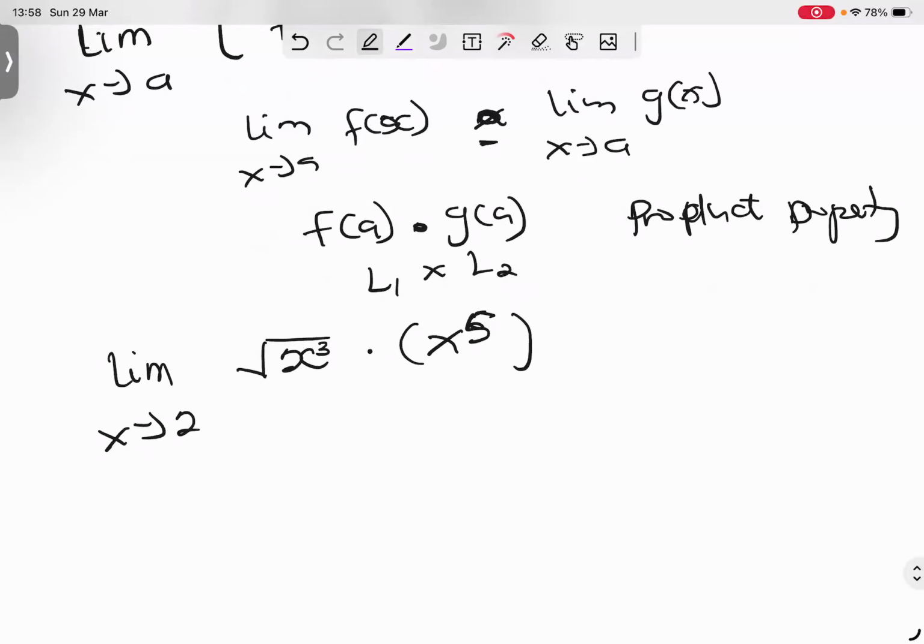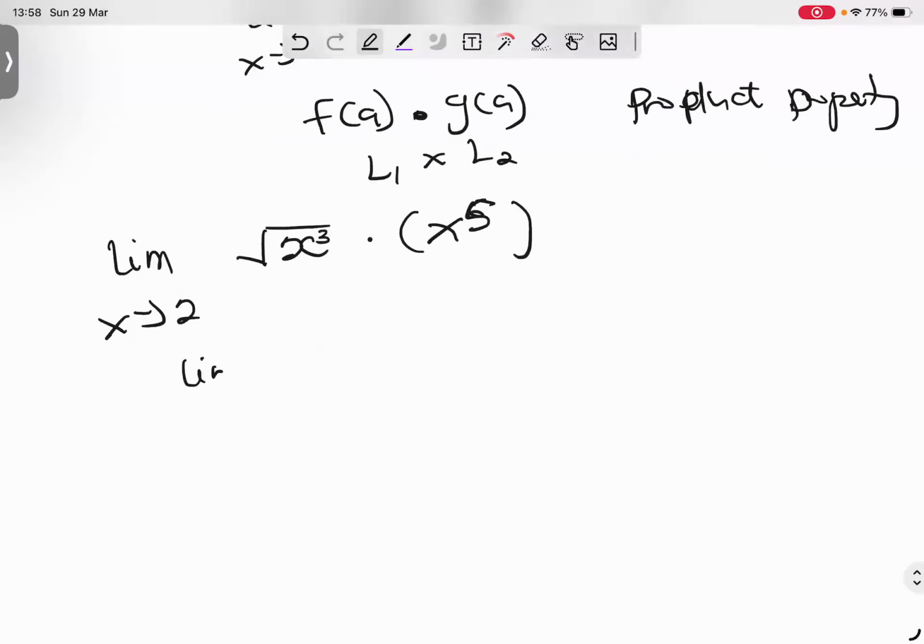First of all, this function is made up of two different functions. The operator between them is the product operator. Therefore, the product property allows us to evaluate the limits of the functions individually and then apply the product operator.